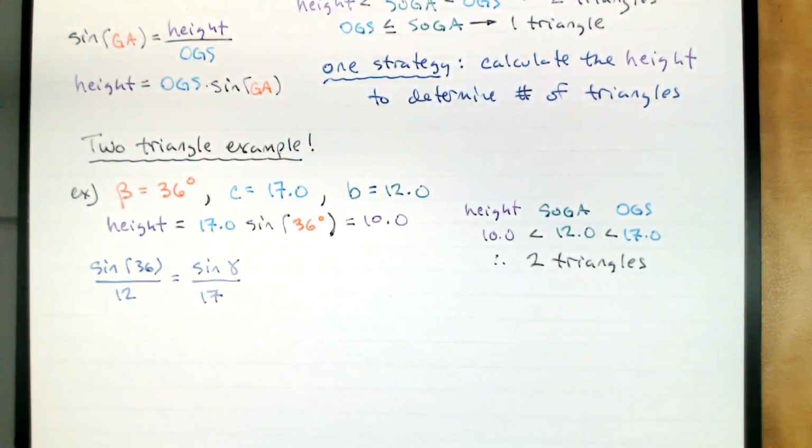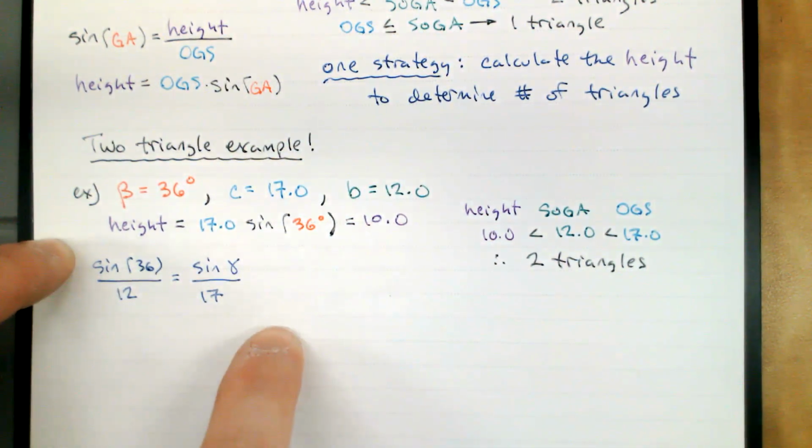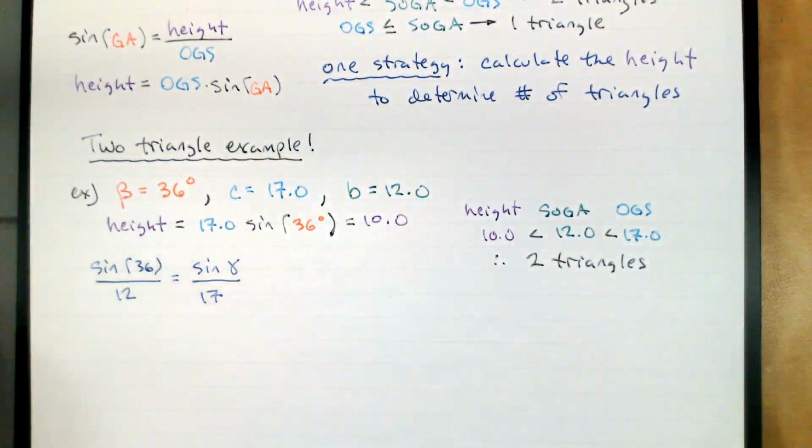I just set up my law of sines. And I'm going to use this to solve for gamma. So gamma is going to be the sine inverse of 17 sine 36 divided by 12.